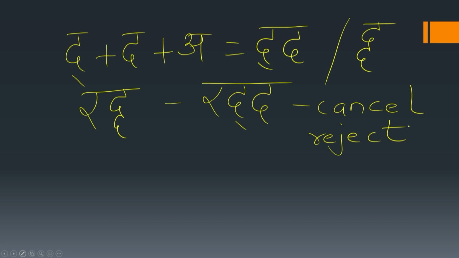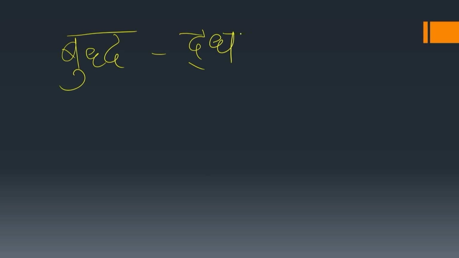Another example, Buddha. If we take example of name of Gautam Buddha, Buddha. So now again this could be written either this way, where you write half Dha and Dha.